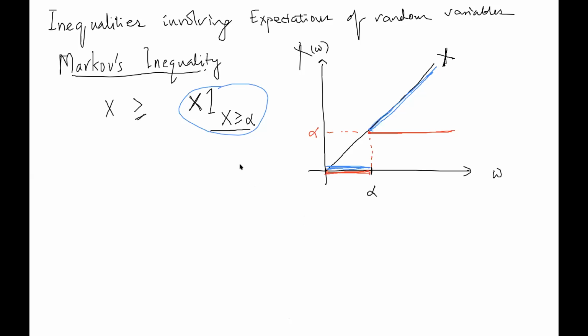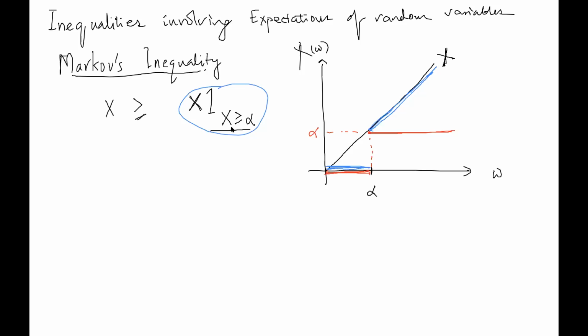So first, let's go back to this again. I just want it to be very clear to everyone. This inequality is purely based on geometrical considerations, where your x is basically this line, all right? And this is definitely larger than x multiplied by the indicator. When you have x multiplied by an indicator, it just means that this thing is 0 when x is less than alpha, which is flat.